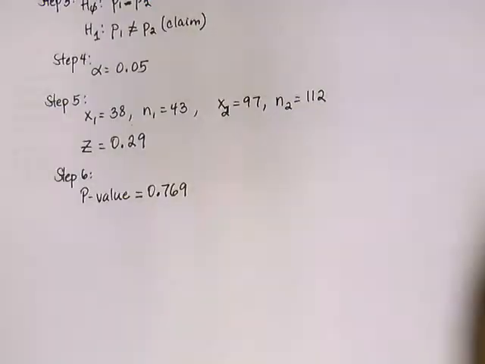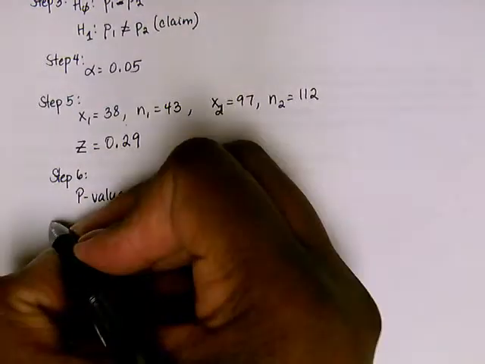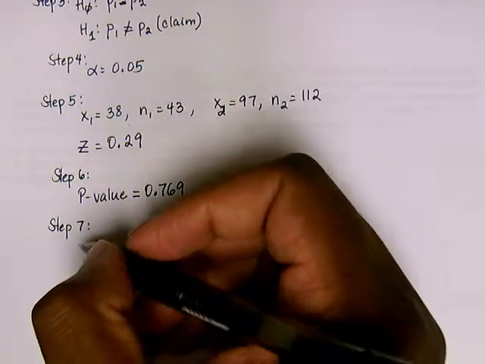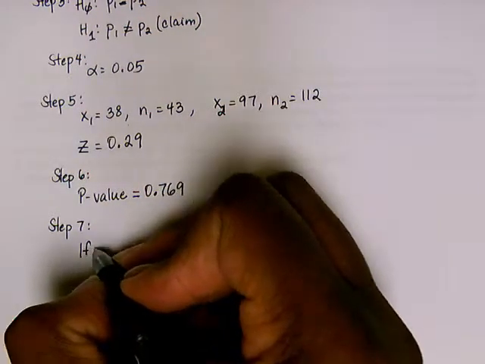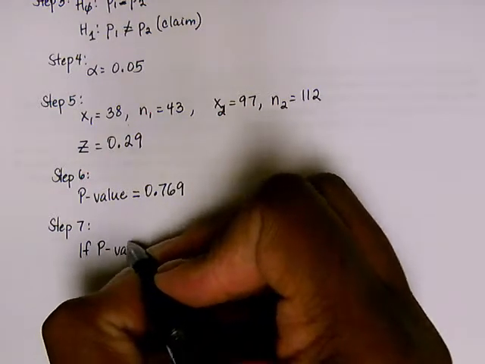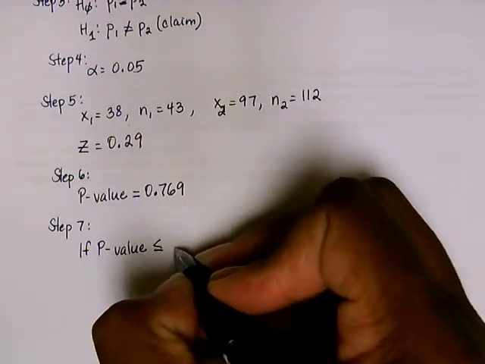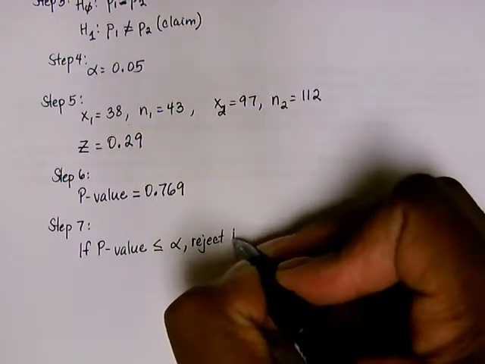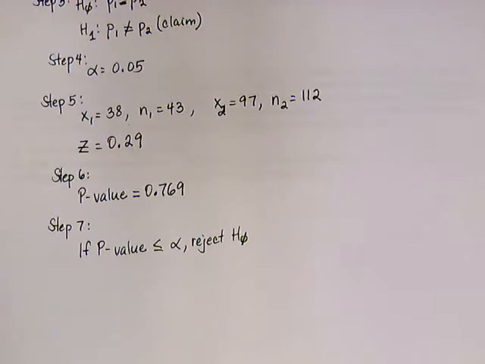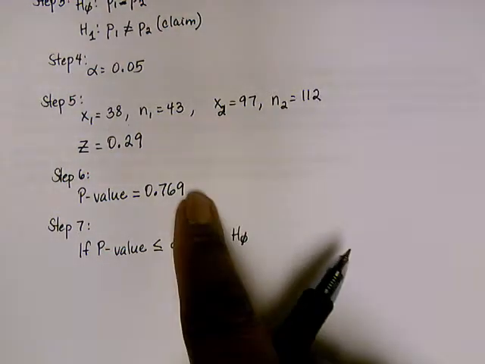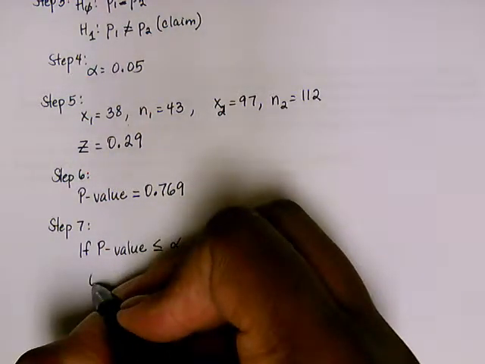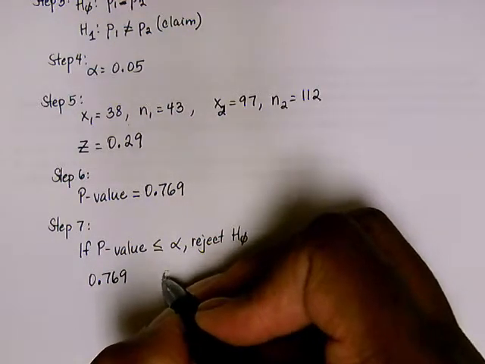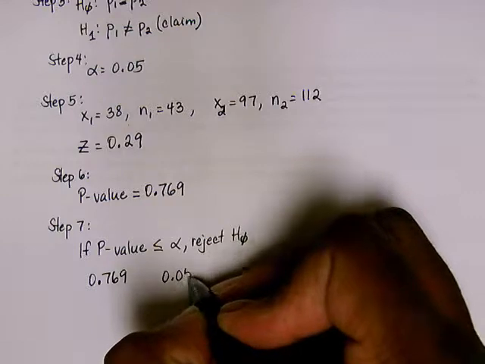And then step number 7 is your decision rule. If your p-value is less than or equal to alpha, you reject the null. Otherwise, we fail to reject the null hypothesis. So here your p-value is 0.769. Your alpha level from step number 4 is 0.05.